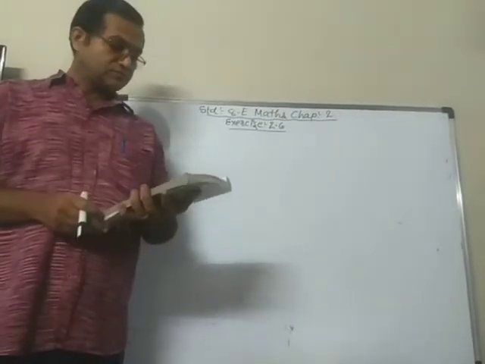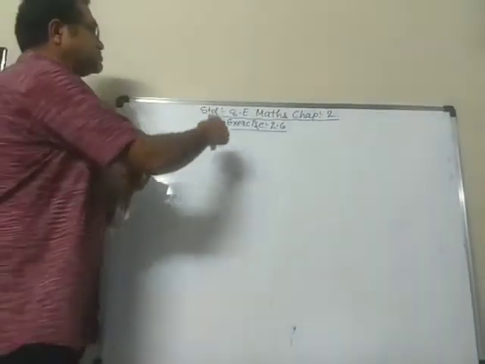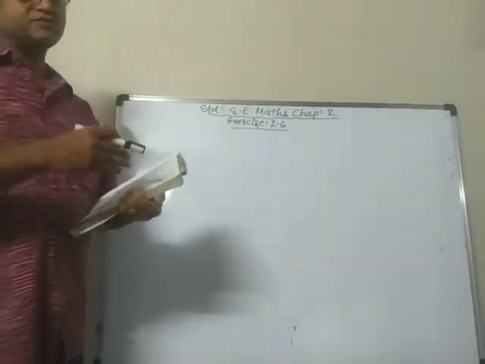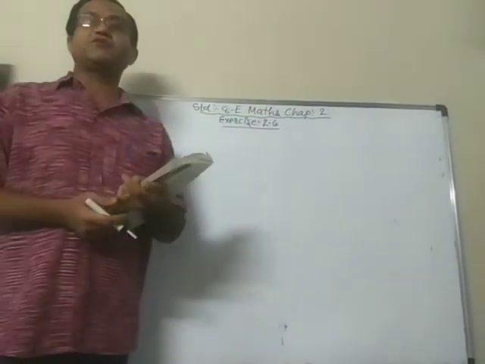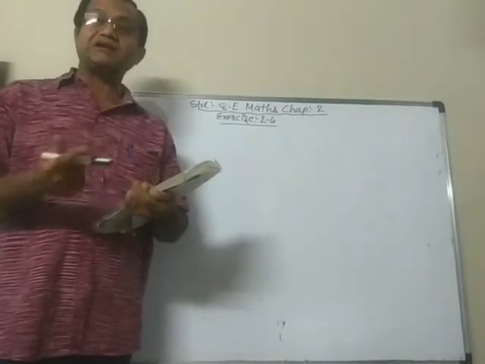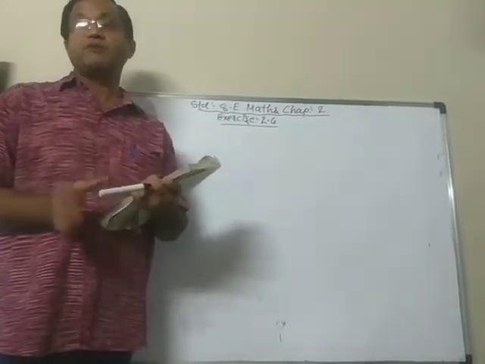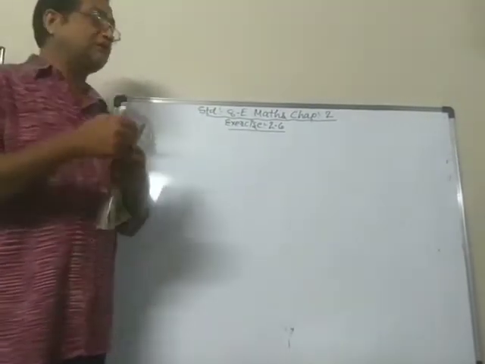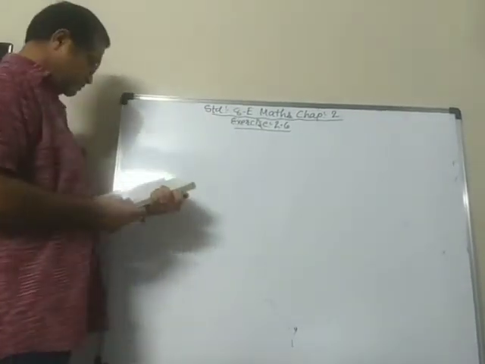So here we will see exercise 2.6, in which the equations are given but not directly in the linear equation form. We have to reduce them first and then we will find the solution.